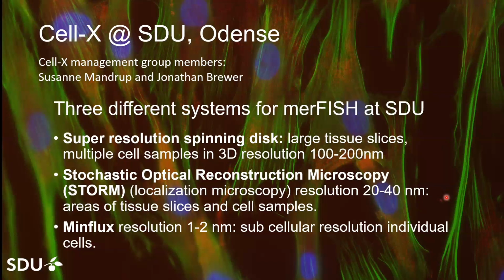And then finally, we have this new microscope called MINFLUX that allows us to get down to the 1 to 2 nanometer scale and really do some subcellular resolution on individual cells. So we're looking forward to actually applying this technique on these different systems here in the coming years.